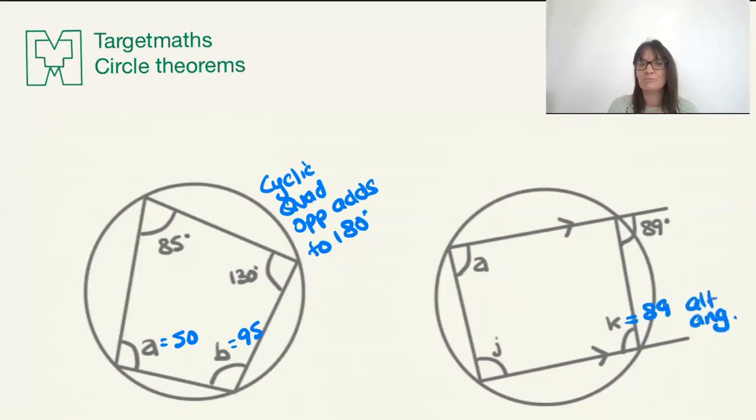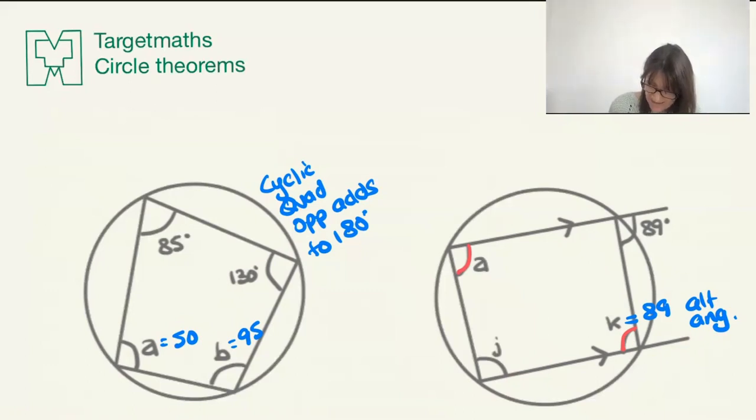I'm going to write that small because I'm running out of space. Didn't use a circle theorem at all, and you can. So K is equal to 89. Now I know that opposite angles, so I know K and A have to add up to 180 because of my opposite angles rule.